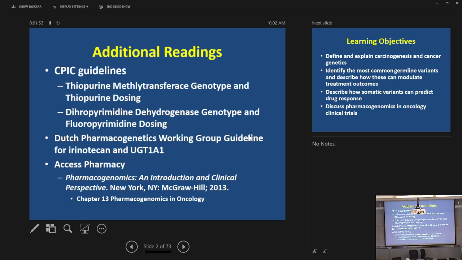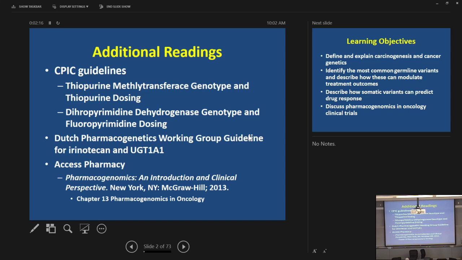So these are the readings if you want to look at more information: the CPIC guidelines, for sure. I'm sure you know where to find them. I'm not the first person that's brought up CPIC guidelines in this class. And for some of the agents that we'll be talking about, there are the Dutch pharmacogenomics working group guidelines, so you can look at that.